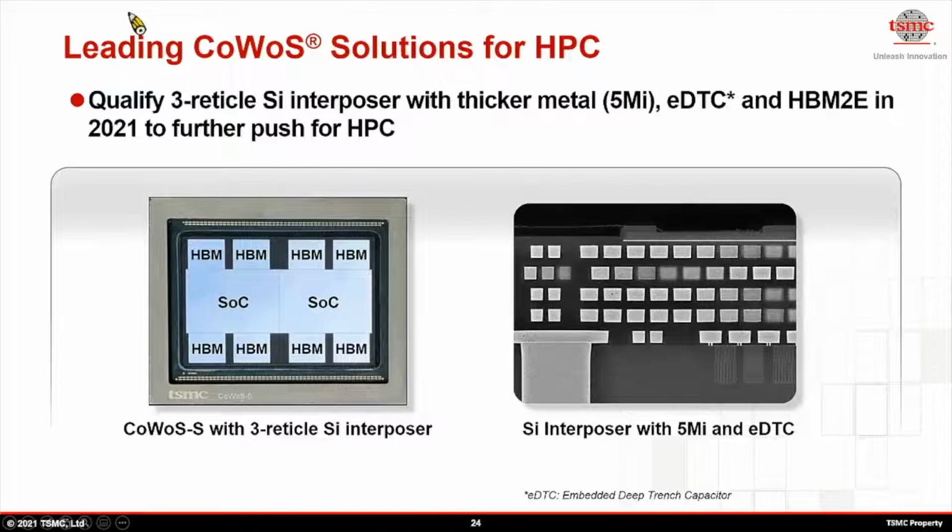This slide shows our leading CoWoS solution for HPC. We qualify a 2500 mm² size silicon interposer, along with electrical performance enhancers, thick metal, and embedded deep trench capacitor, plus 8 HBM2E to further push HPC.